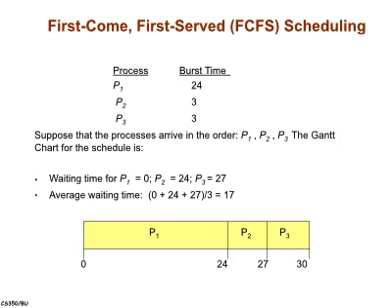P2 takes 3 units of time on the CPU, and P3 has a CPU burst of 3 units. The figure shown in this slide shows the execution schedule. Obviously P1 executes for the first 24 units of time, then P2 executes from 24 to 27 time units, and then P3 executes from 27 to 30.